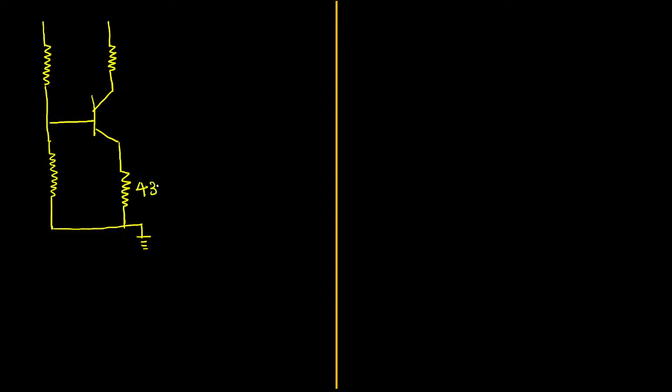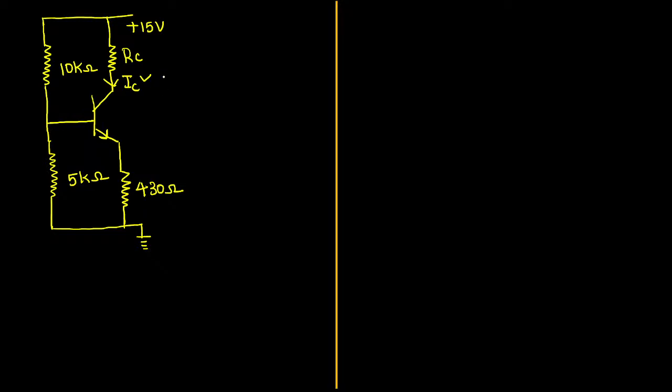They had given a 430 ohm resistor, and here they kept a 5 kilo ohm resistor. Collector resistance RC, collector current is IC. This value is a 10 kilo ohm resistor, and they have connected this with the supply voltage plus 15. The direction of the current is given for the transistor. This is the direction, don't get confused. This is the collector current, they highlighted, and this is the direction given in the circuit.